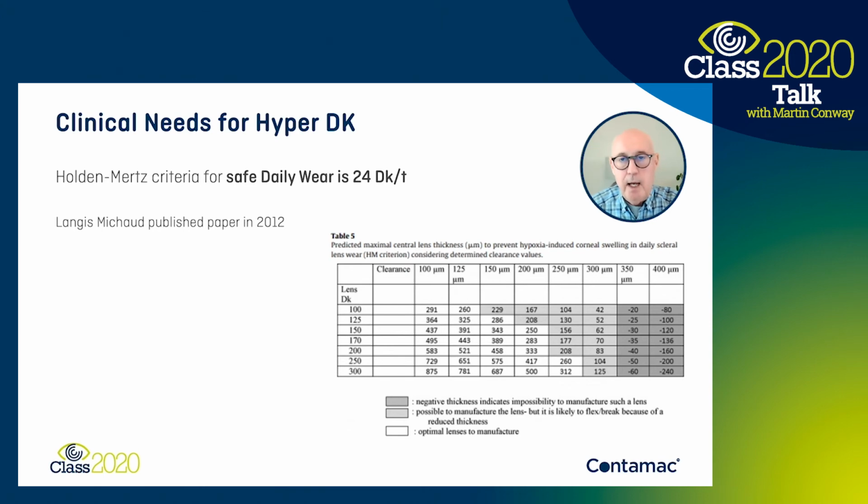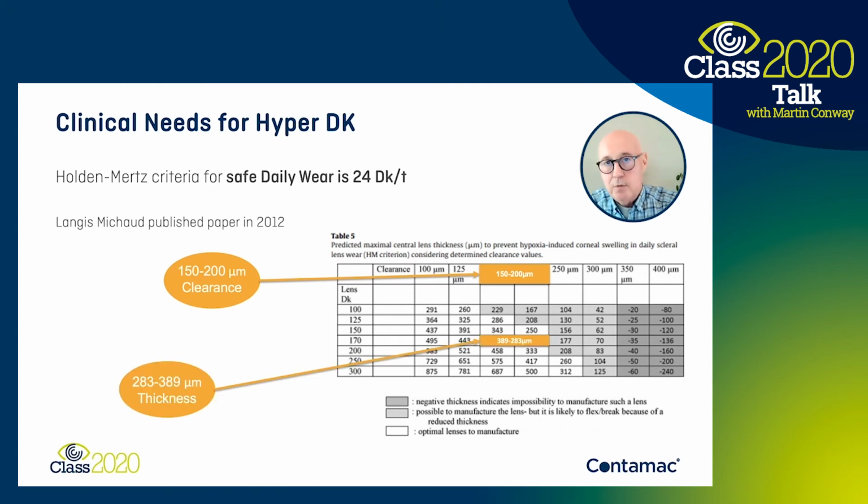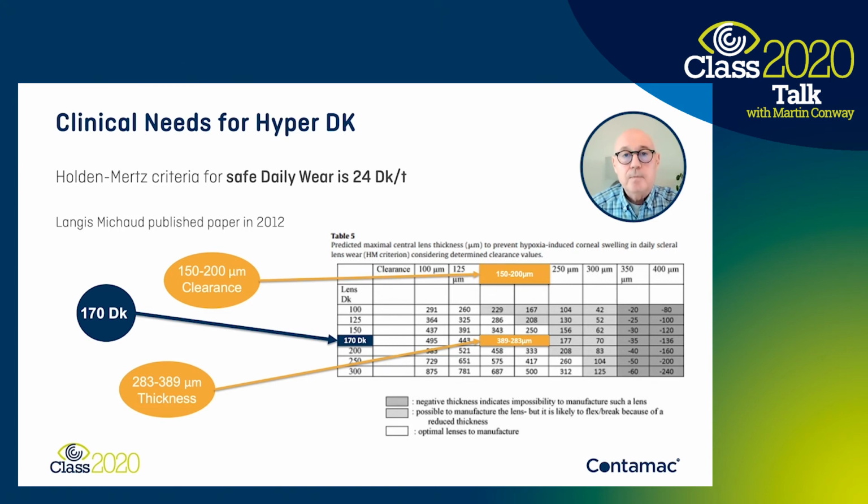If we were to fit a lens at the normal sort of clearance of 150 to 200 microns, and of a regular thickness of 280 to 380 microns, which is typical for most designs out there, he calculated that we'd need a material with a Dk of about 170. So this gave Contamac its target range for the development of this material.